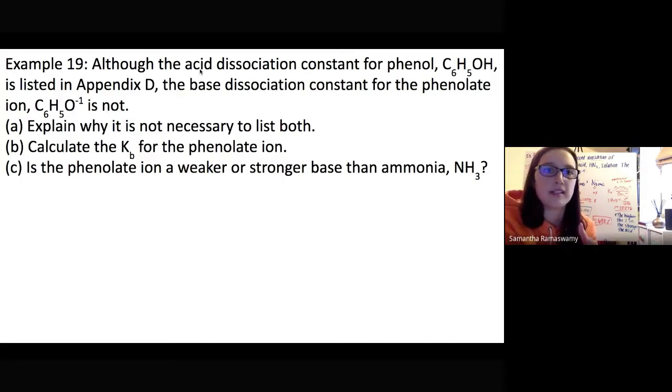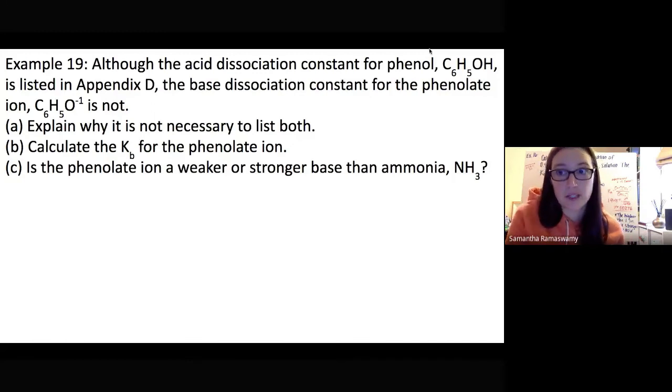So again, what this is saying is that Ka is given in Appendix D, but Kb for the conjugate base is not, because the phenolate ion is the conjugate base of the acid.